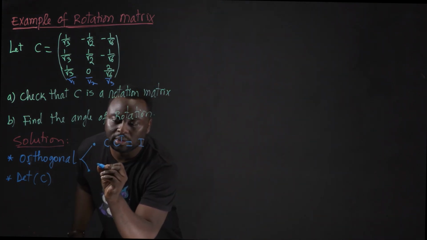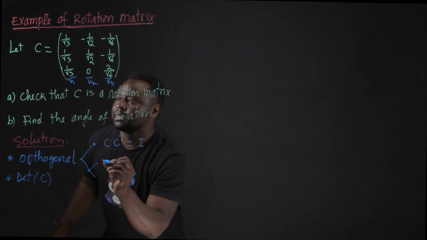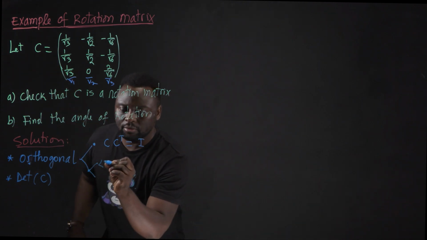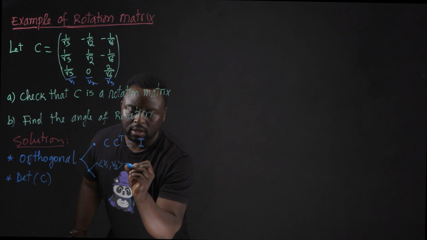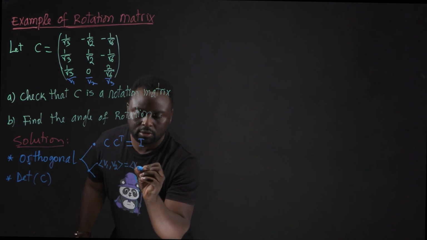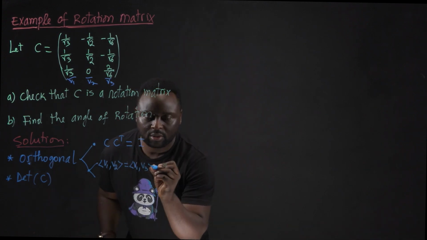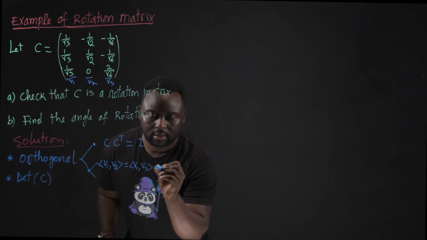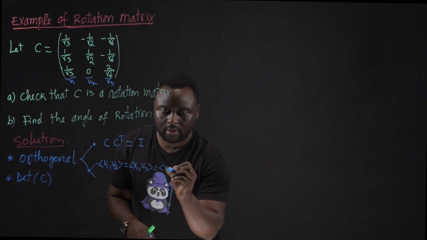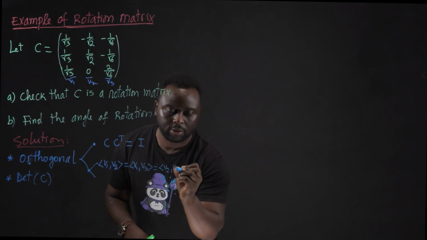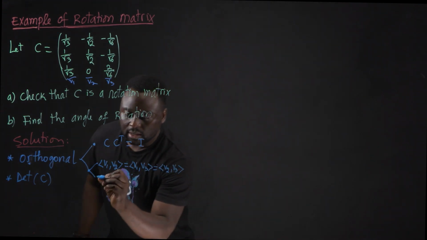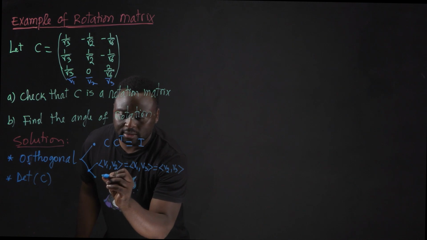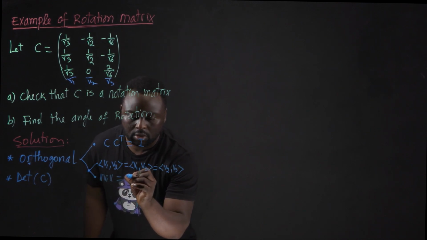For the second point, you can show that V1, V2 are orthogonal, and you can also show that V1 and V3 are orthogonal, and V2 and V3 are also orthogonal. Okay, this is the first step. And the second part, you have to show that the norm of each vector is 1.